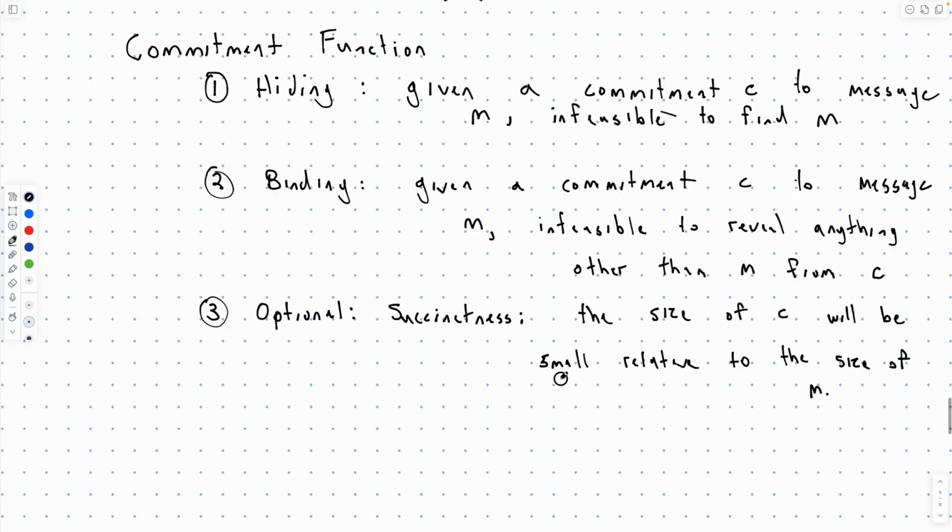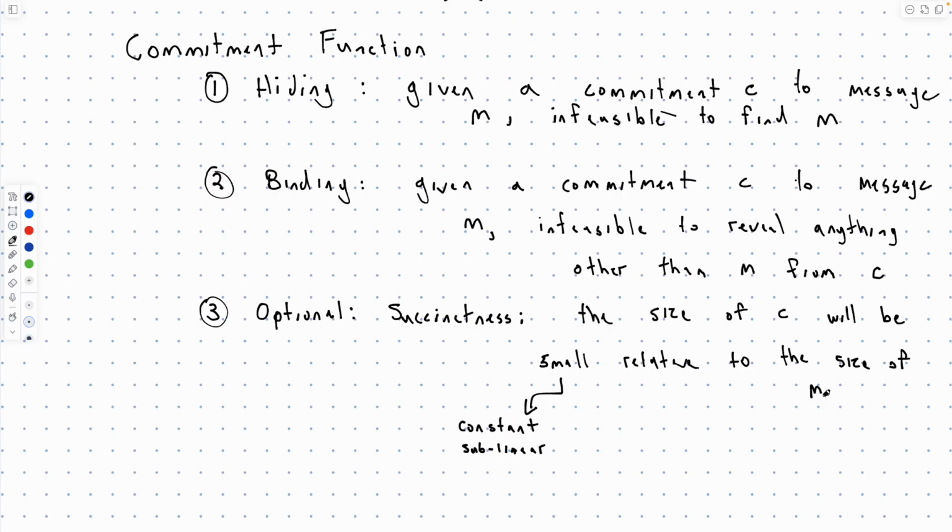Okay, what do we mean by small here? In practice, it could be a bunch of different things, but the main two categories that we see is something that's constant, so it's always the same size, or we see something that's called sublinear, which means it's smaller than linear.